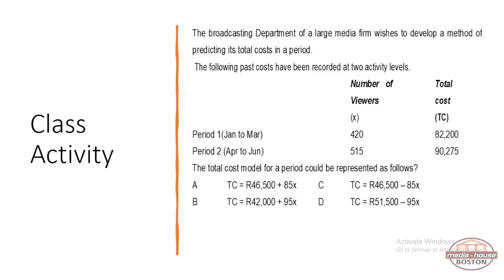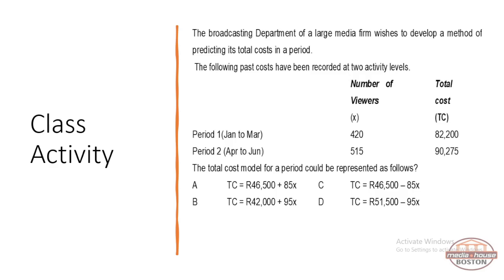We've got A and C, both have got 85. So which one do you believe is correct? CBC, which one do you believe is correct? I think A. Why A? I don't really know it.